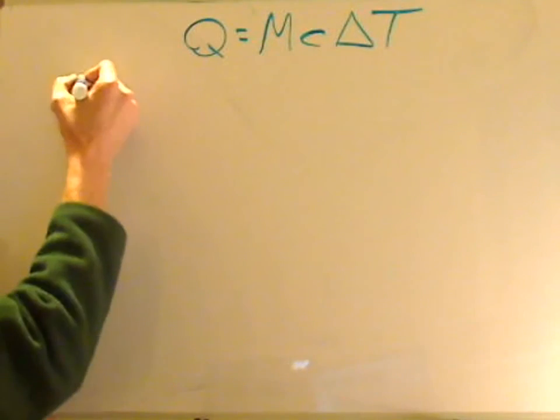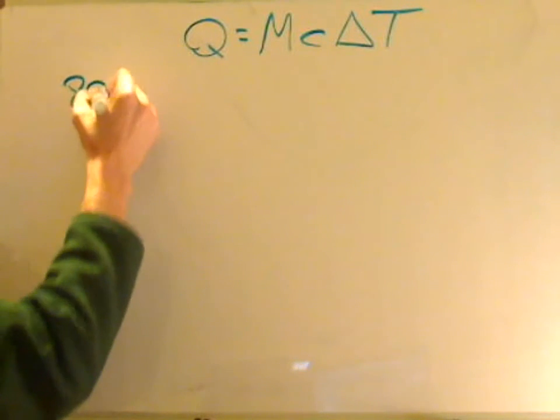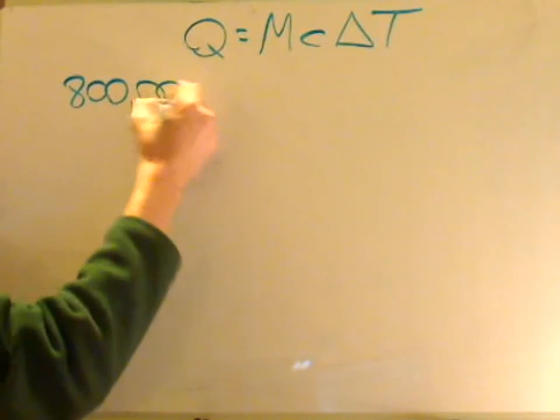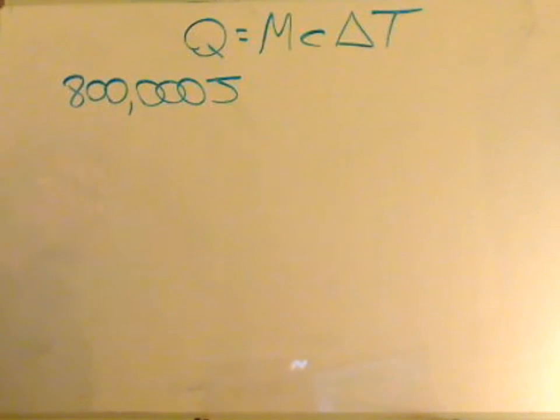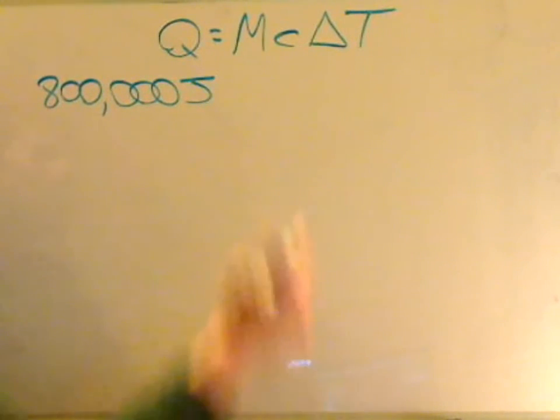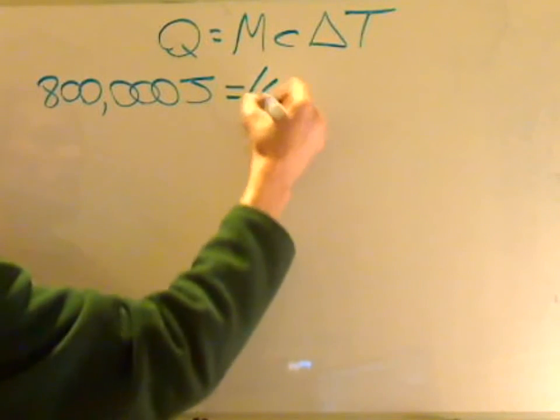And we're told that 800 kilojoules of heat are put into this person's body. So 800 kilojoules is 800,000 joules. Okay? And that equals the mass of the person, 60 kilograms.